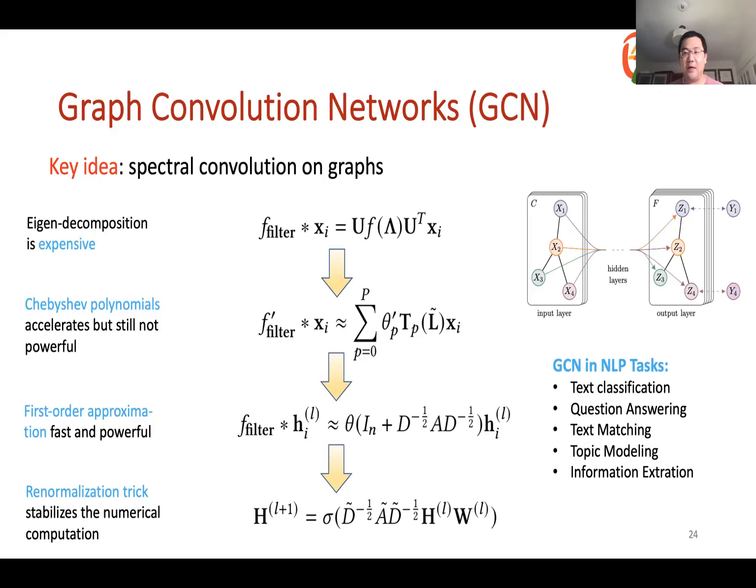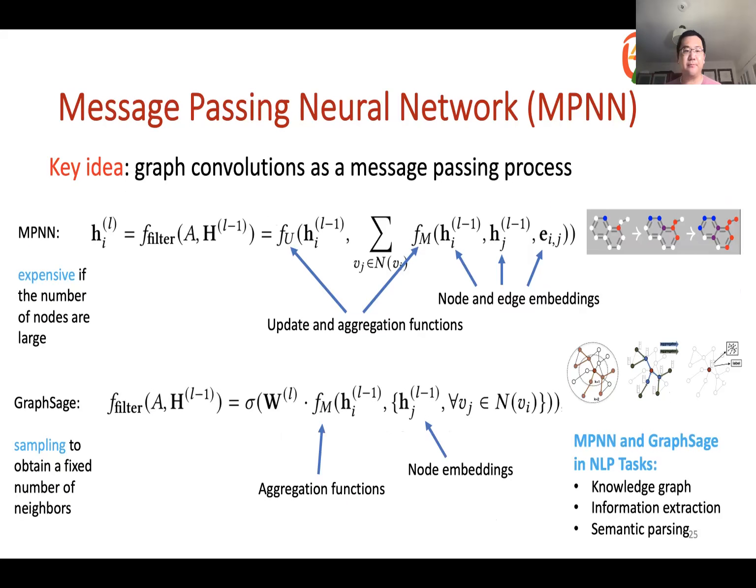So people later applied a renormalization trick to stabilize the numerical computation. And this is the modern graph convolutional network. This has been widely used for various NLP tasks like graph classification, question answering, text matching, topic modeling, and information extraction. The second group is called the message passing neural network.